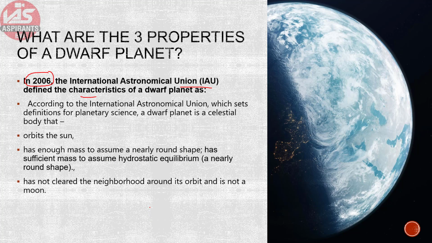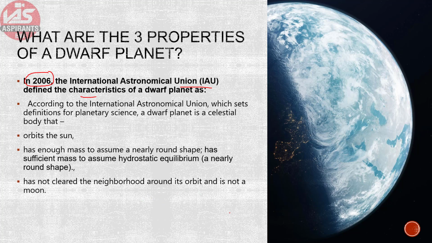Hydrostatic equilibrium is when it's pulled from all directions equally, and ultimately it will assume a nearly round or spherical shape. So it has enough mass to assume a nearly round shape. And third, it has not cleared the neighborhood around its orbit and is not a moon.